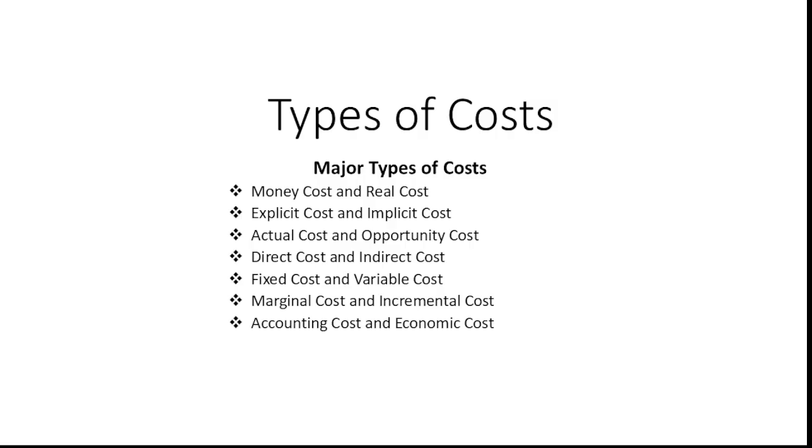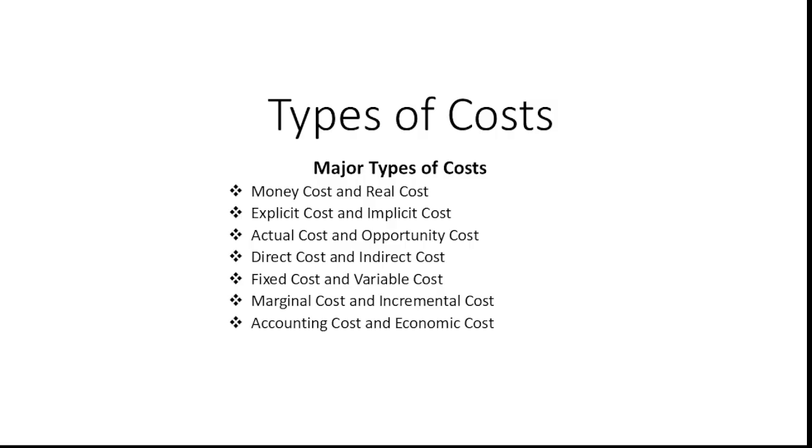Now, what is opportunity cost? It is the value of the next best alternative that you give up when you make a choice. Suppose, for example, a bakery has enough oven capacity to make either 100 cakes or 200 loaves of bread.